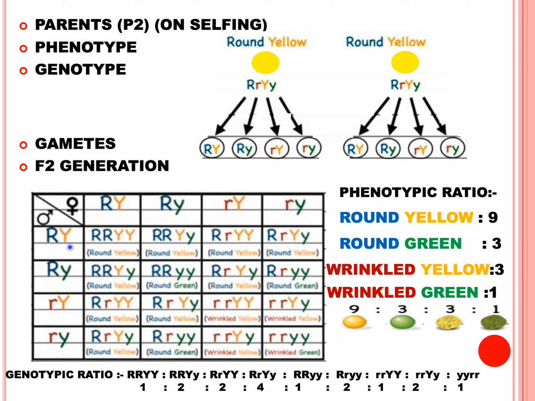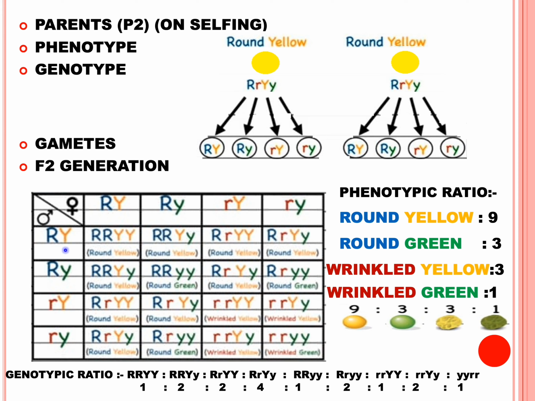Let us see, if the male gamete having capital R, capital Y genes fuses with a female gamete also having capital R and capital Y genes, then the genotype of the plant would be capital R, capital R, capital Y, capital Y with phenotype round and yellow, as round and yellow both are dominant traits.